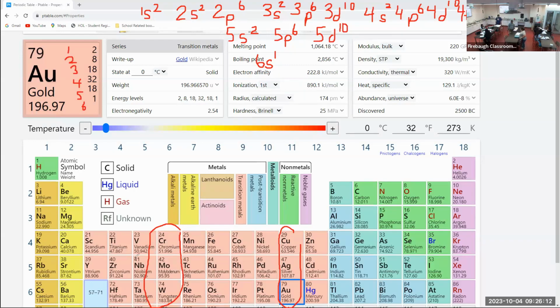Right here, we're talking about the space here. It's not empty, it's being occupied by that 4f. So you've already accounted for that. Okay, and I'll show you what that looks like.